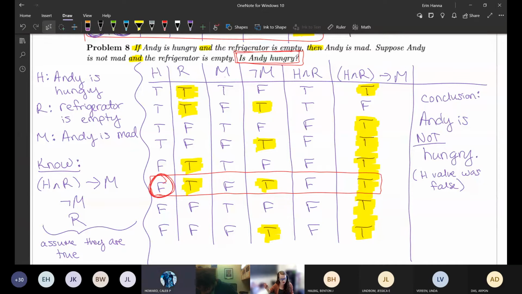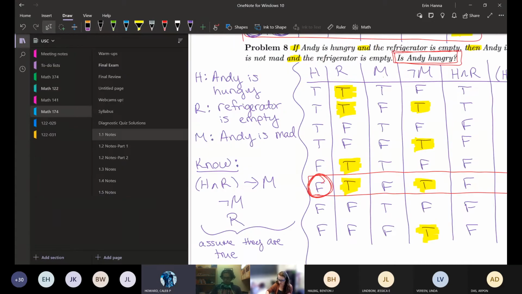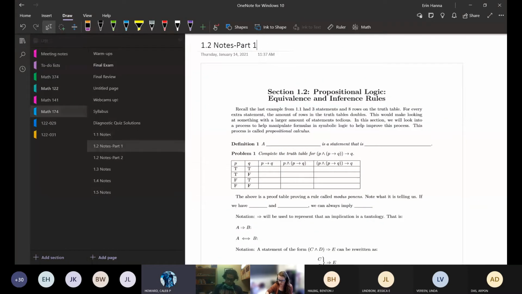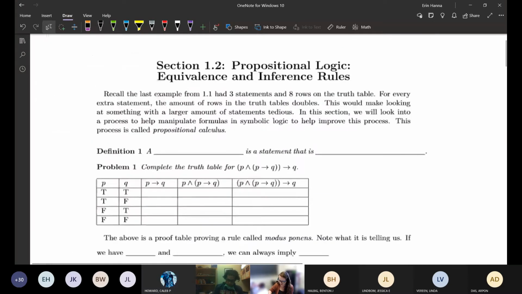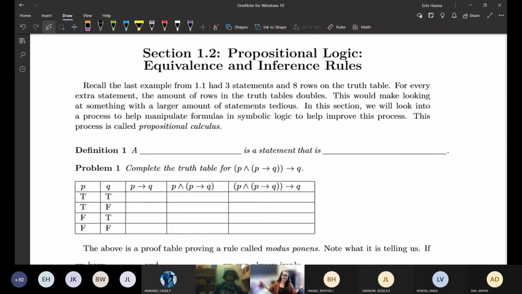In terms of some of these proofs, you will probably wish we were still doing truth tables. But in the next set of notes there's only 4 row tables, not 8. And I actually give you the table. Apparently I'm nicer than these ones.